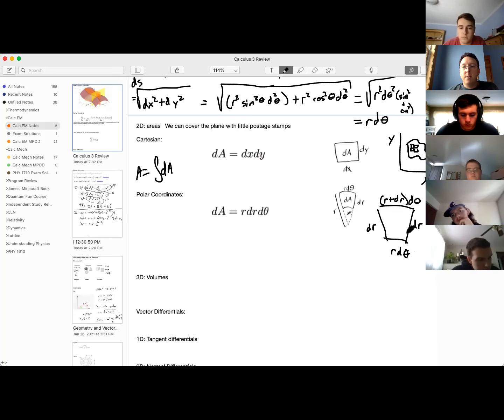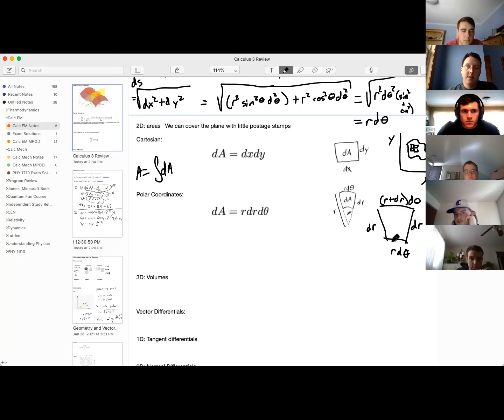But you'll notice this is differential squared already, so that basically means this piece goes away. It looks like a trapezoid, so use the formula for the area of the trapezoid, which is the average of the sides times the width. What you'll find is that to second order in differentials, this is the formula you get for the area. It basically looks like a rectangle.